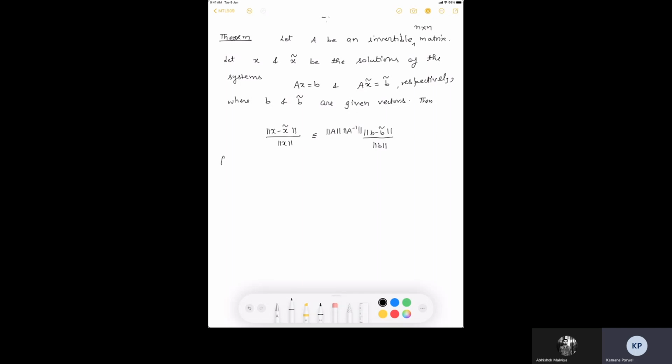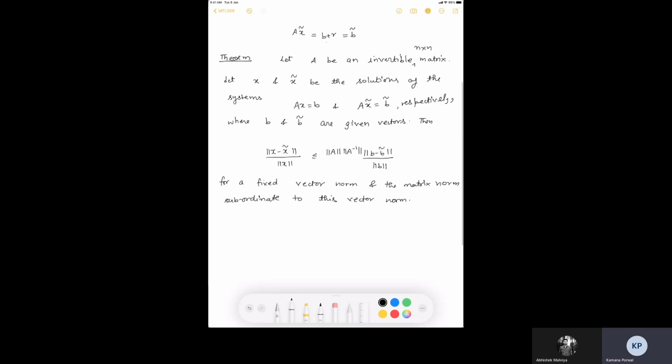So this is for a fixed vector norm and the matrix norm which is subordinate to this vector norm. So let's try to prove this result. Let's call it 1.